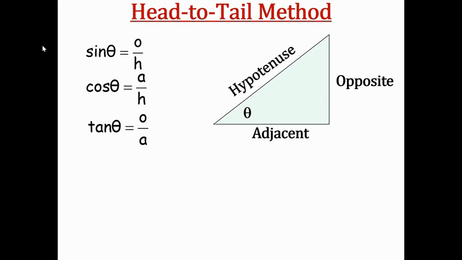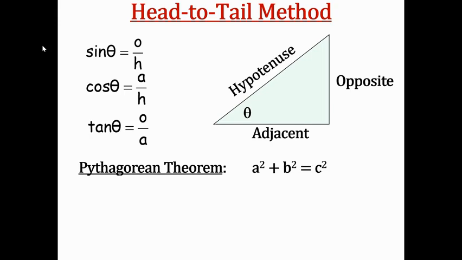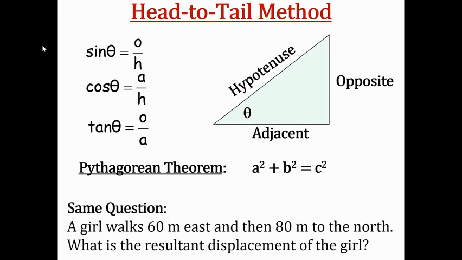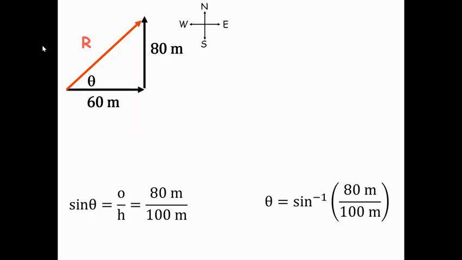We could use sine, cosine, and tangent to solve for any of those unknown values. And we can also make use of the Pythagorean theorem, a squared plus b squared equals c squared. These formulas are on your reference table. And if we were to apply these formulas to the same question we just looked at, we should get the same answer. So let's see if we do.